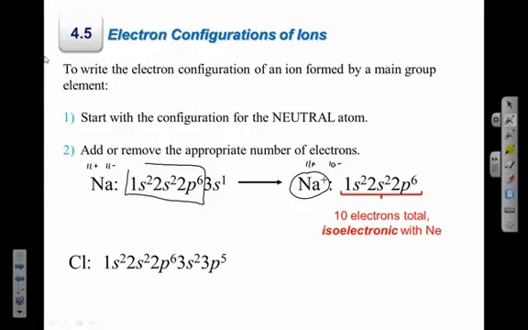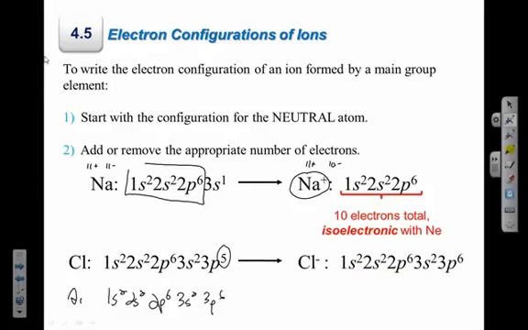Then, if your element is on the other side of the periodic table and it's close to a noble gas and it needs to gain electrons to make the same number, you do the same thing. Say, okay, what noble gas is next to chlorine? It'd be argon. So argon has a 1s2, 2s2, 2p6, 3s2, 3p6. So the chlorine really needs to just gain 1 electron.